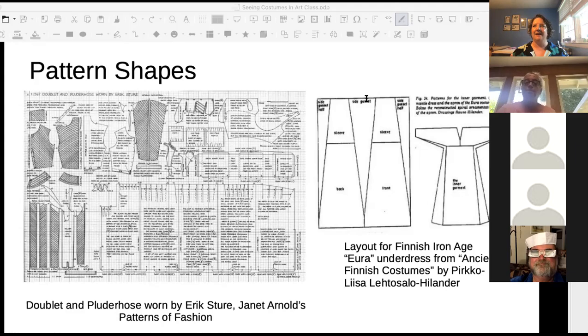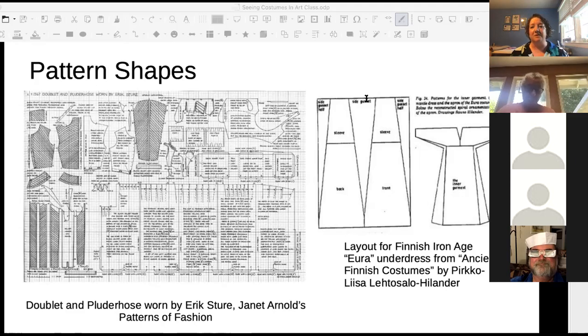But a lot of times they are similar, because if you want it to look like this, the pattern pieces are probably going to be pretty similar to what they were using back in the day to get that shape. A lot of times those are good shapes, they just don't necessarily make up into garments as well.